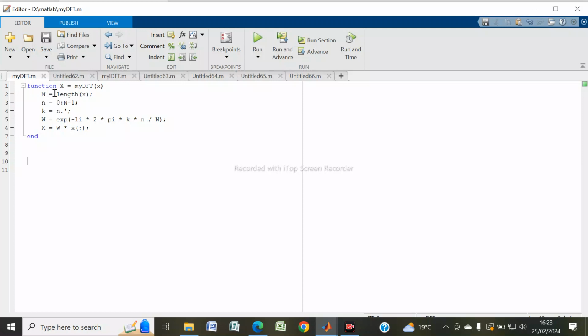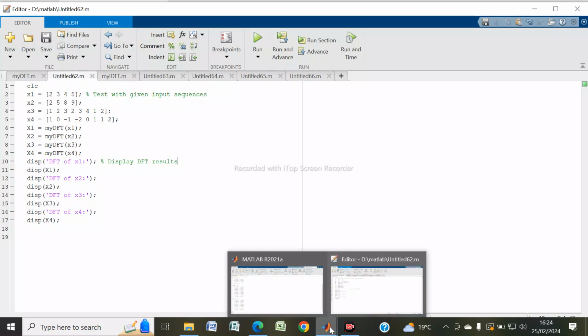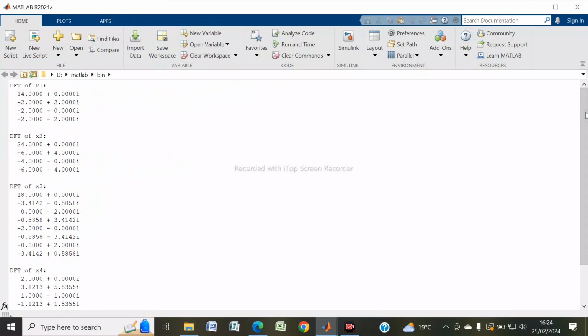First of all we created my DFT function by giving n length and by limiting it from 0 to n minus 1 k using the formula, and then we call this function, and when we call this we will get this: DFT of x1, DFT of x2, DFT of x3 and DFT of x4.